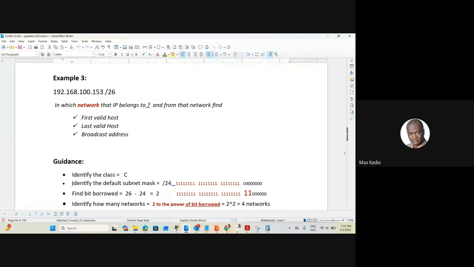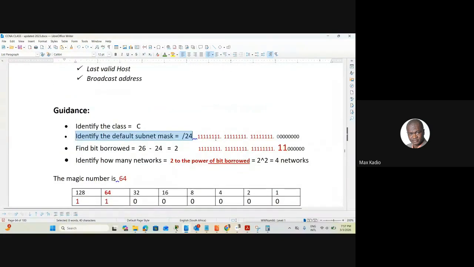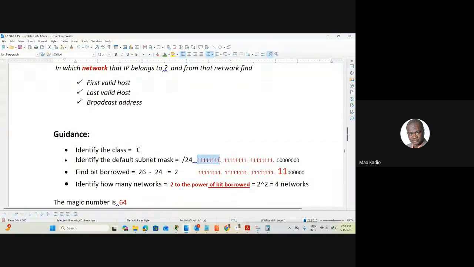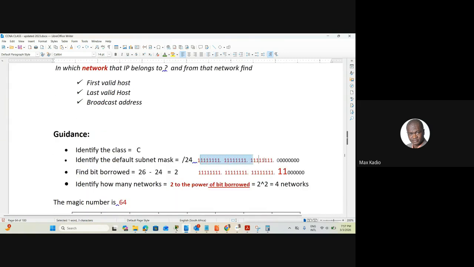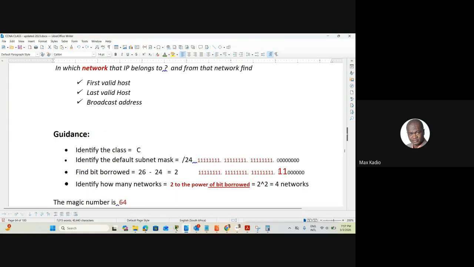Step number 2, what is the default subnet mask for class C? It is slash 24. Why? You put your 24 ones like that. Now in our question, they say slash 26. Normally I have 24. Now they say 26. It means I did add 2 extra.